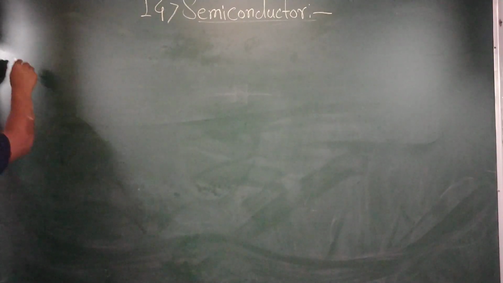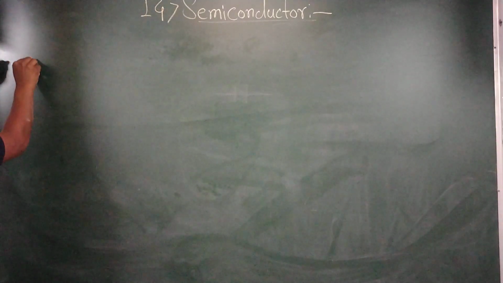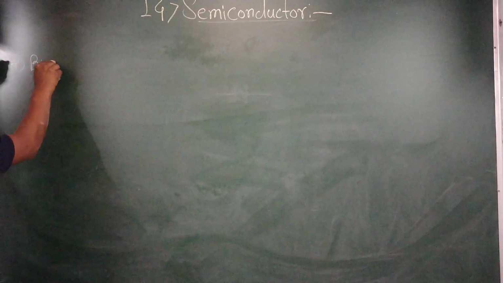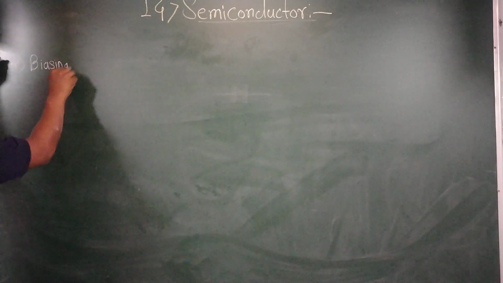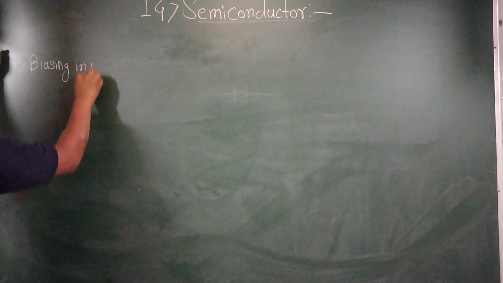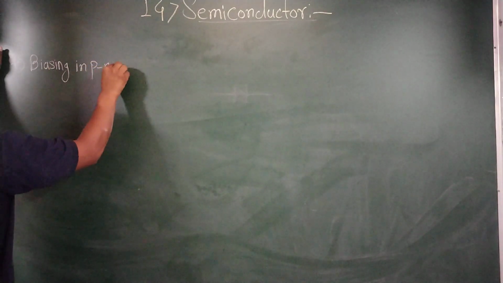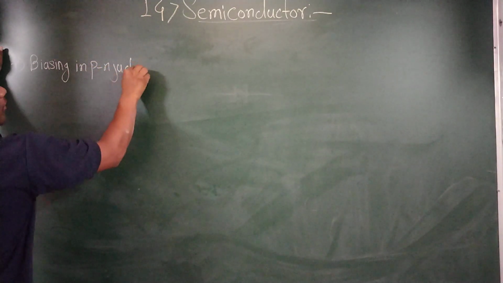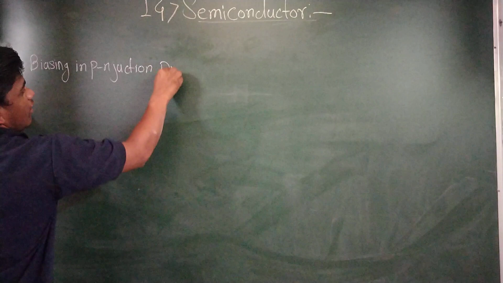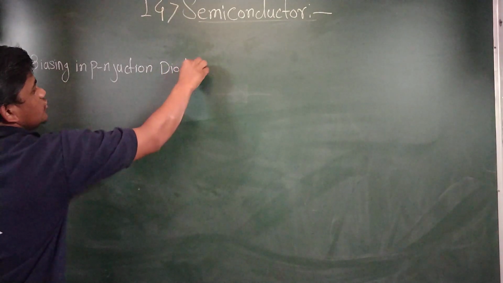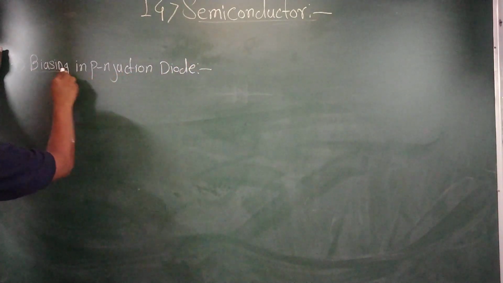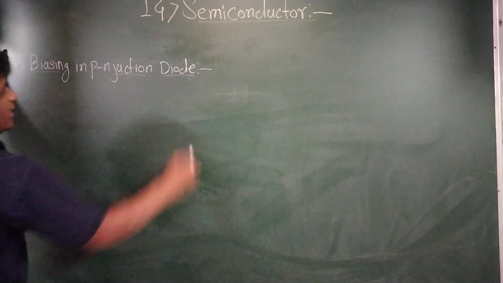Please take the heading: biasing in PN junction diode. A PN junction diode has two electrodes, anode and cathode.